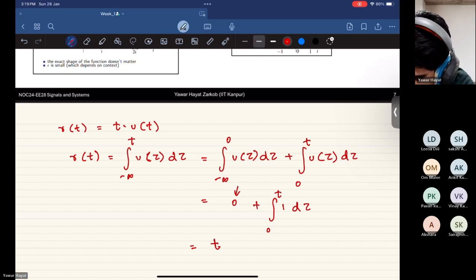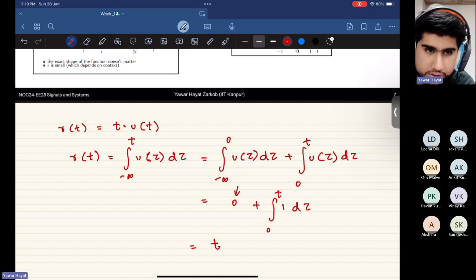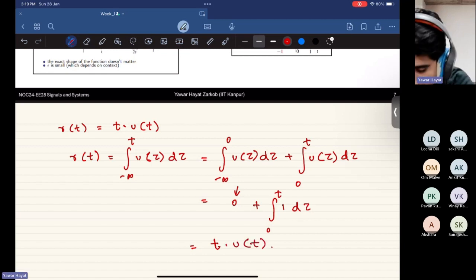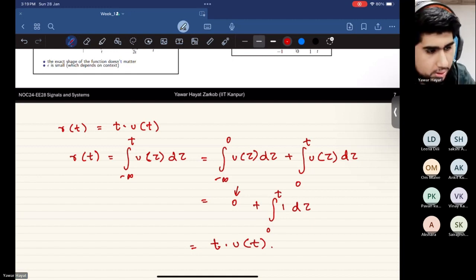And since this was from 0 onwards, it was 0 for t less than 0, so we write it as t times u of t. That is how it comes about.